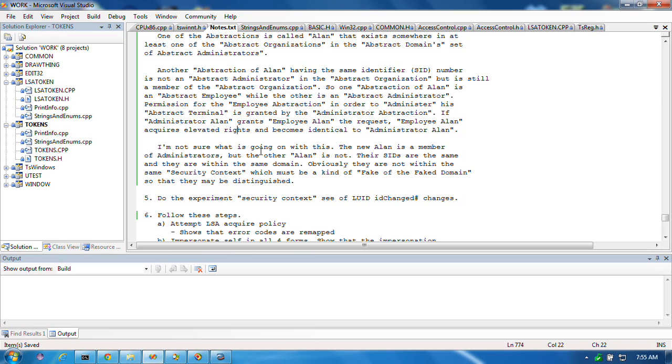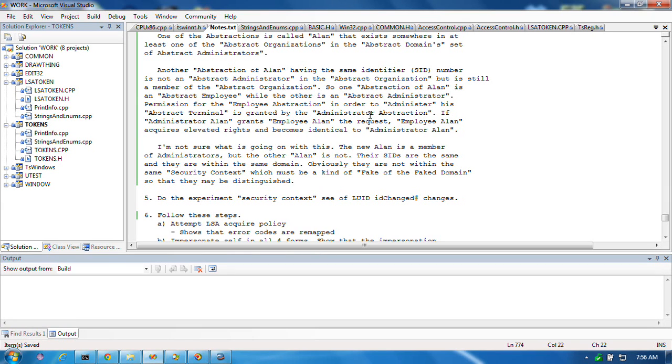Well, that granting was given by me, the real Alan, which is represented on the machine as the abstract administrator Alan, and granted the access. Now, so who was it that was being granted the access?